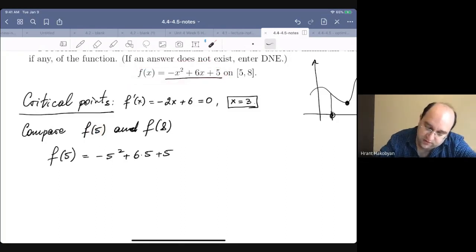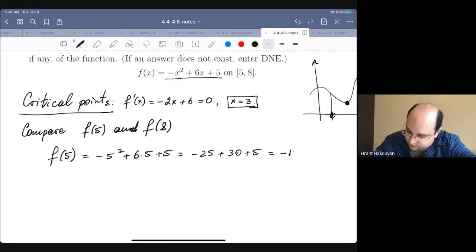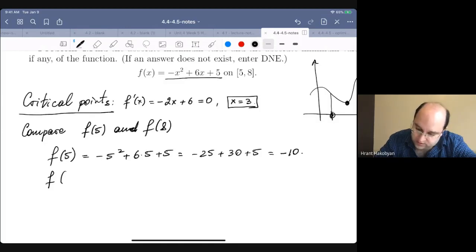So if I do the calculation, that's going to be negative 25 plus 30 plus 5, right? So that's going to be negative 10. And so then I calculate f of 8.